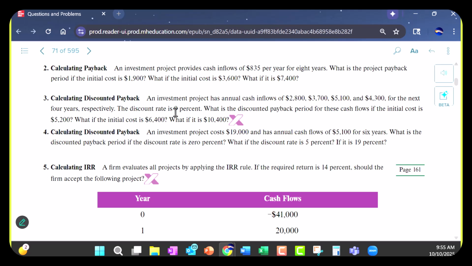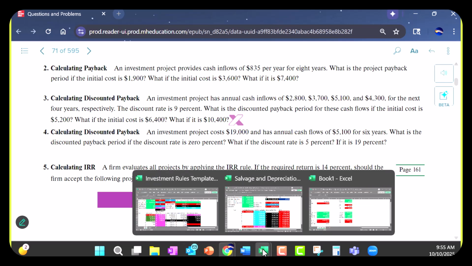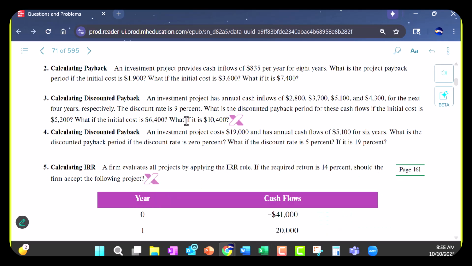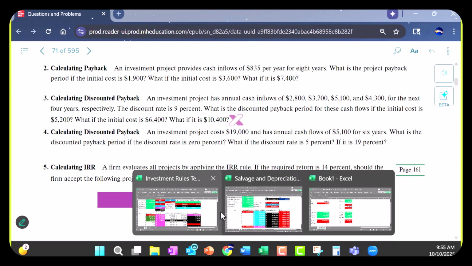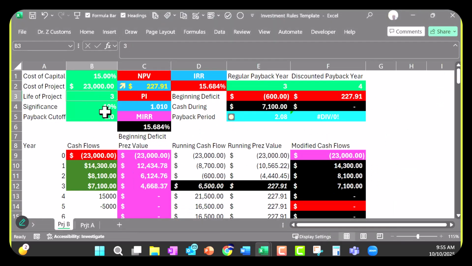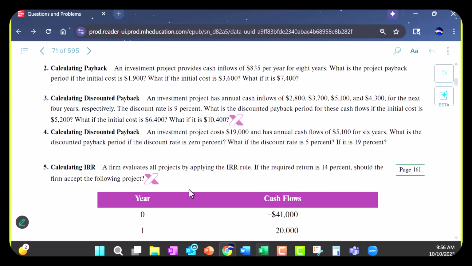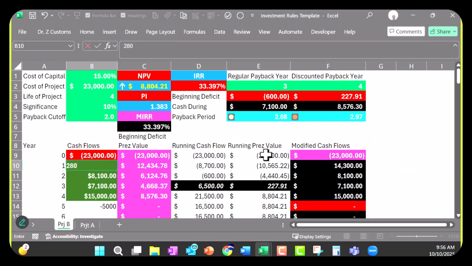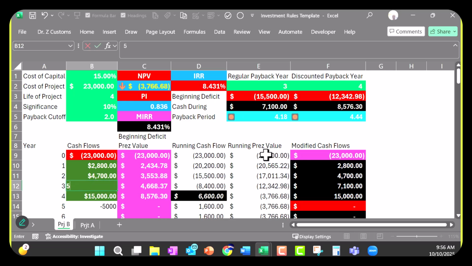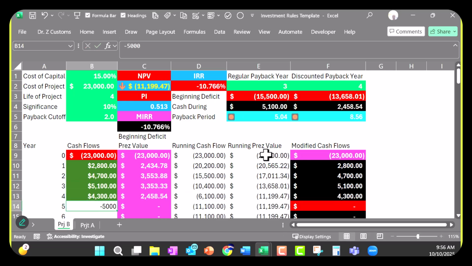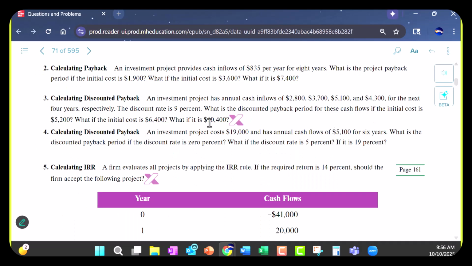Let's do calculating discounted payback. Okay, let's see. This has cash flows for 4 years, life of the project. Remember, you only enter these green cells. And the cash flows are 28, 37, 51, 43, assuming I remember them correctly, yes.